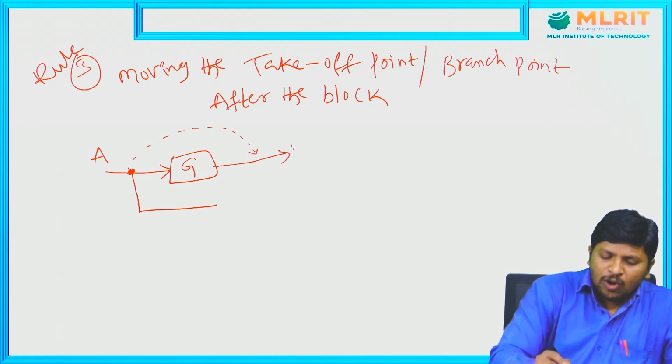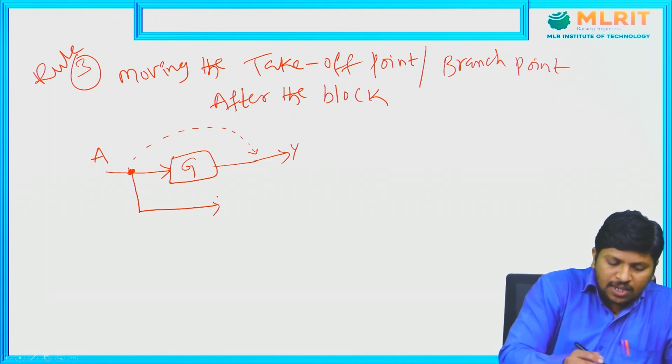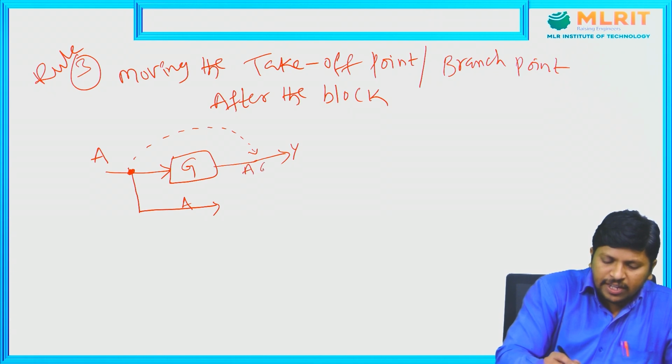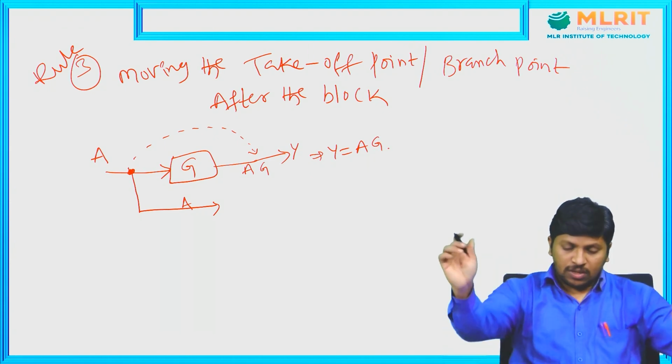Here the output is the same signal, right? Same signal means A here, and here also A only. What is the output? Y equals AG, right?